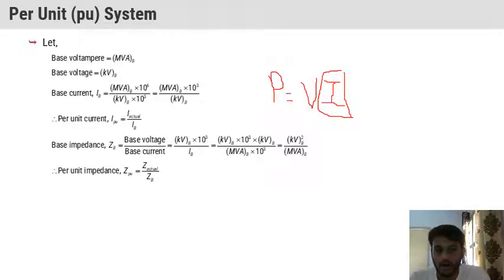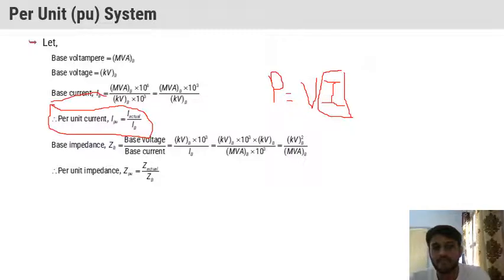After 10 raised to 3 cancels out from the upper and lower parts, we get this value, and we get the base current. How do we calculate the per unit current? Per unit current is nothing but the actual divided by the base, and we already found the base value. This gives our per unit value of current. So this is derived from the voltage and power equations.